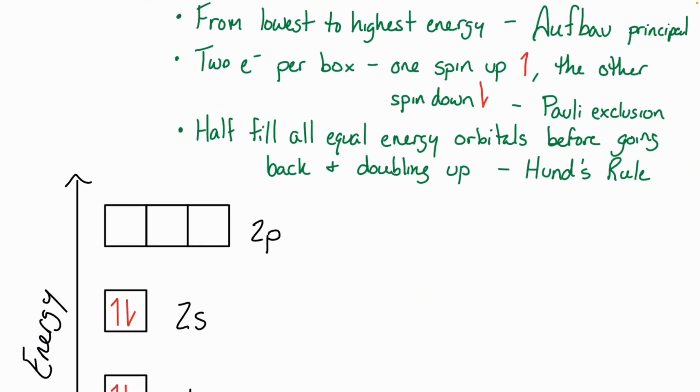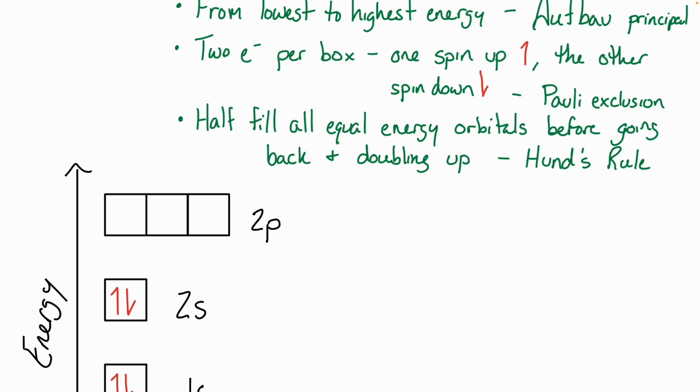That sounds kind of weird, but if you look up here, I think it'll make more sense visually. All 3 of these p boxes are at the same energy level, right? They're all on the same point on my y-axis.